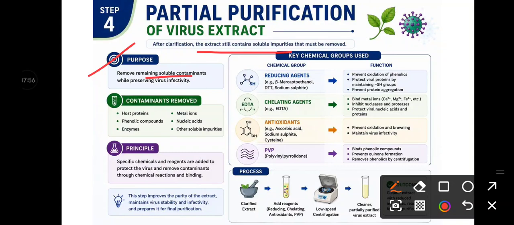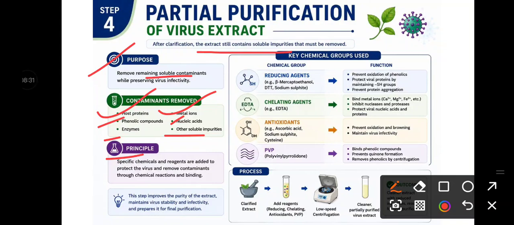So what are the contaminants that need to be removed? They are host proteins, metal ions, nucleic acid of the plant, enzymes, phenolic compounds, and other soluble impurities. So the major principle is that specific chemicals and reagents are added to the extract, so that they will protect the virus and also remove the soluble contaminants from the extract.